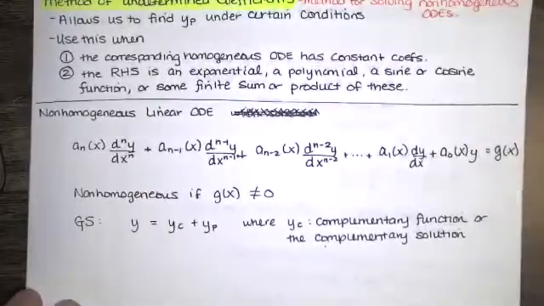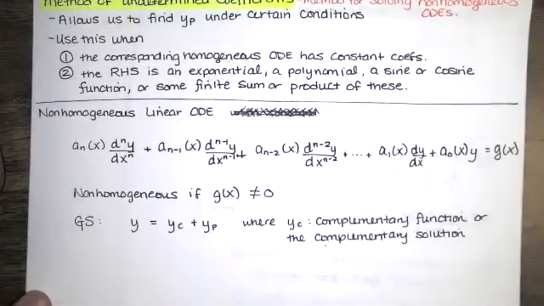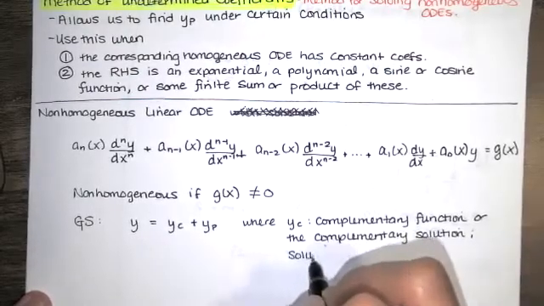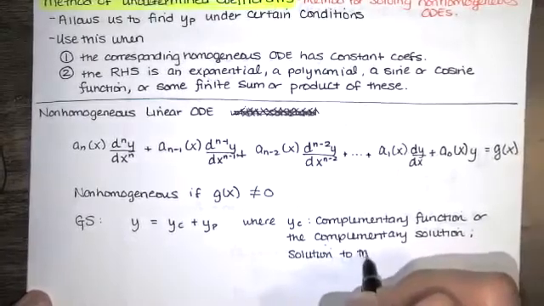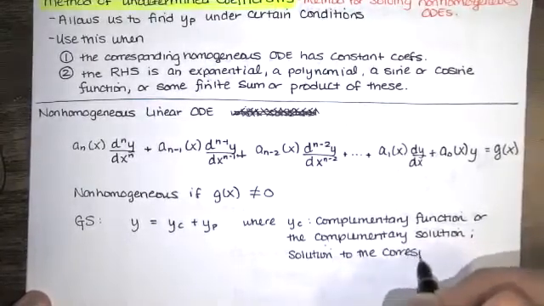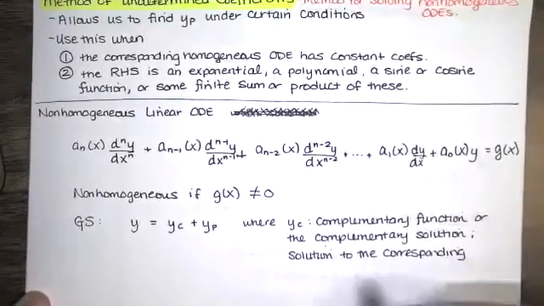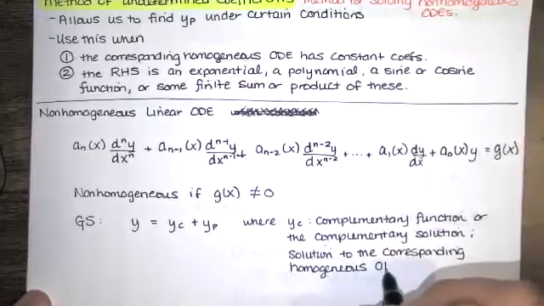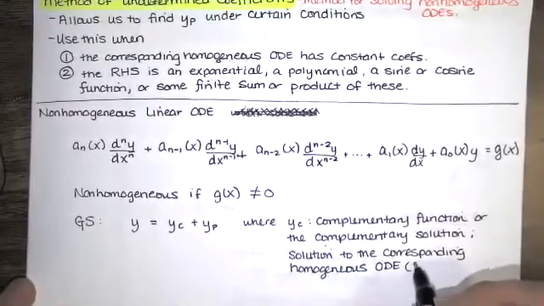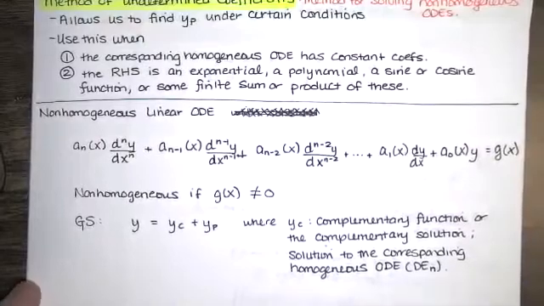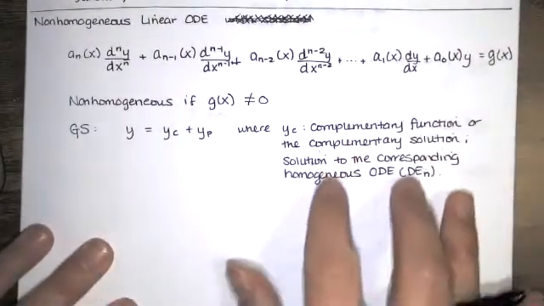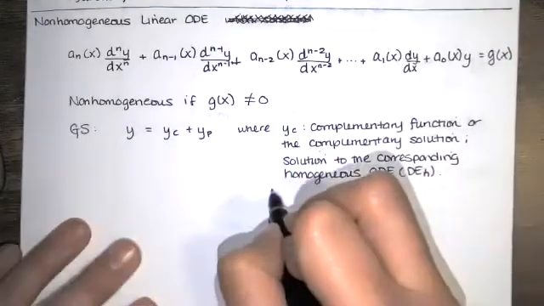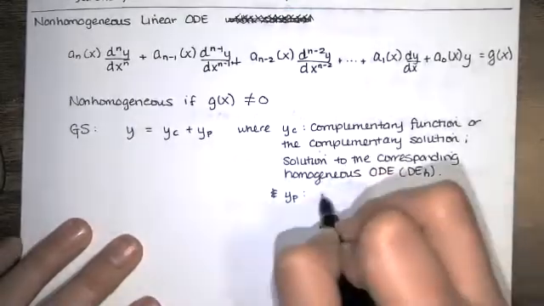This is the solution to the corresponding homogeneous differential equation, and I'm going to denote that by DE sub h. So we solved the corresponding homogeneous equation first. That gives us y sub c. And y sub p is a particular solution to the non-homogeneous equation.